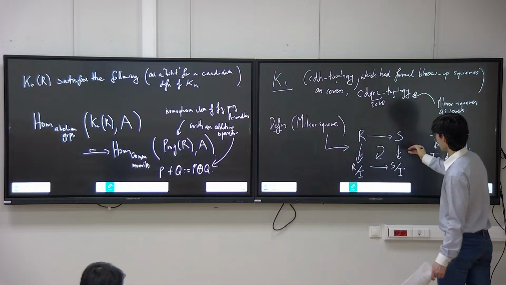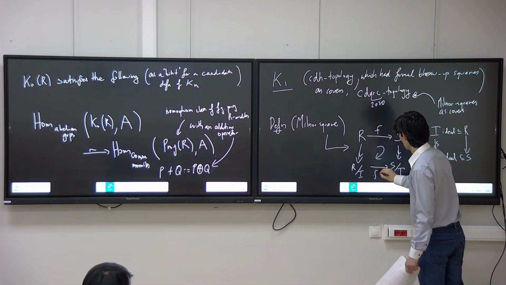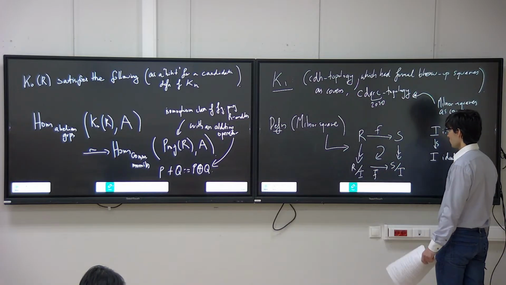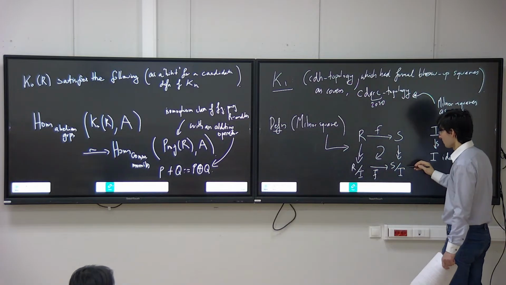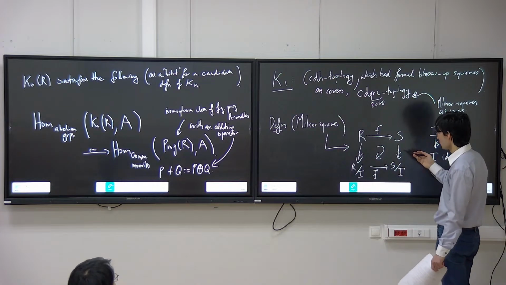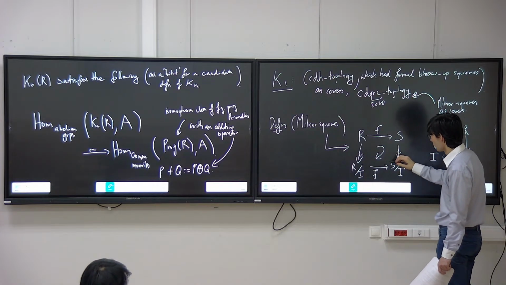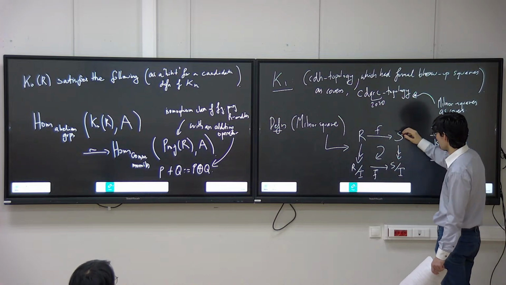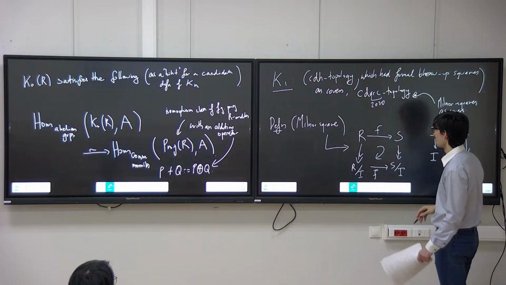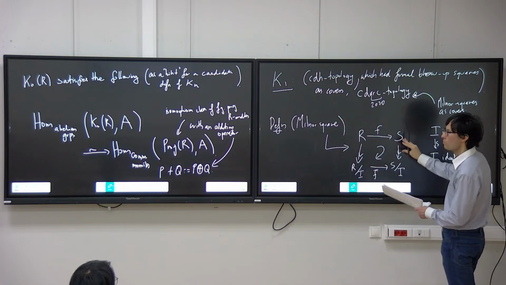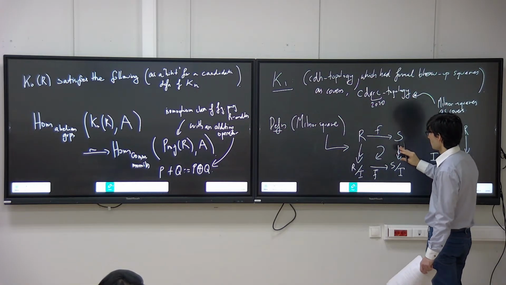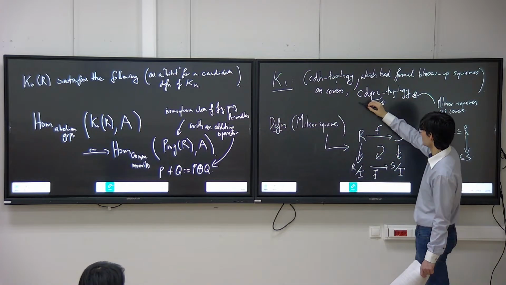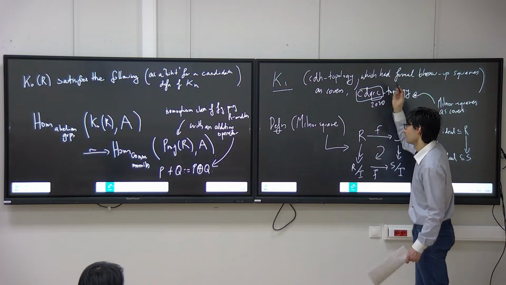Recall, I must be mapped isomorphically to S. Geometrically, what's happening here is that we're taking closed covers. So this is a closed set of this, and so is this of this, and it's not quite a formal blow-up square, but this can be made into some kind of covering notion which lives here.